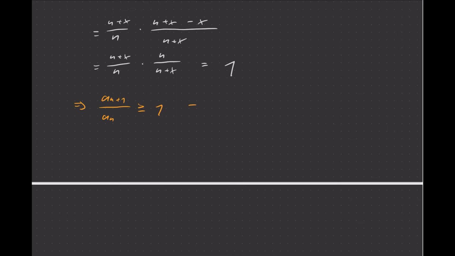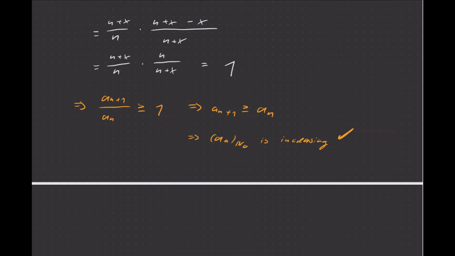So of course, if the ratio is greater or equal to 1, then the numerator has to be greater or equal to the denominator. So a_{n+1} is greater or equal to a_n. And that means the sequence a_n is in fact increasing. So that's one of the two things we needed to prove.